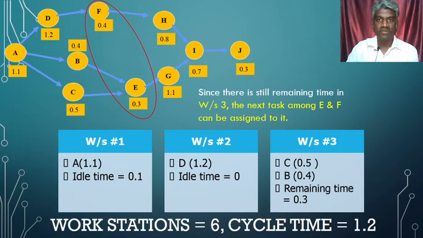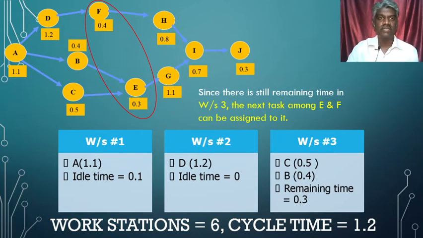First we need to check the longest following task rule. F has 3, E has 3, so a similar number of following tasks. So among F and E, we have to assign based on processing time, the task time. The longest task time is F. F is 0.4 and E is 0.3, so we would assign F. But in this workstation, we have a remaining time of 0.3.